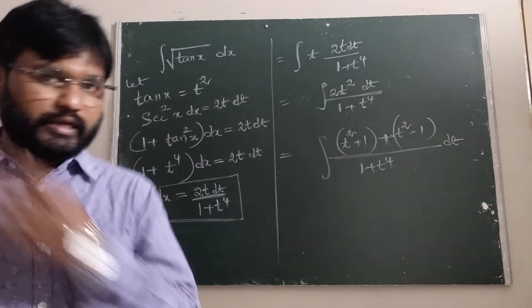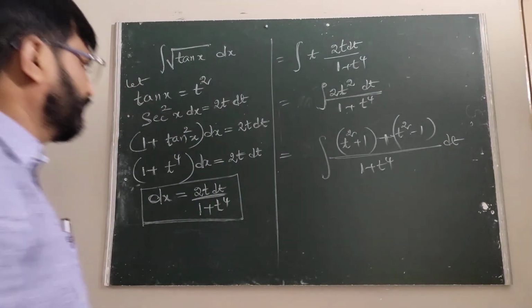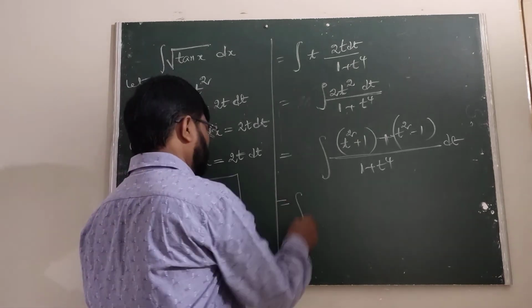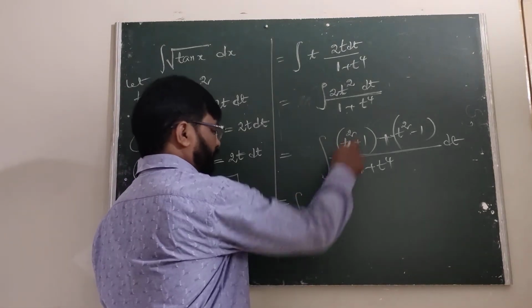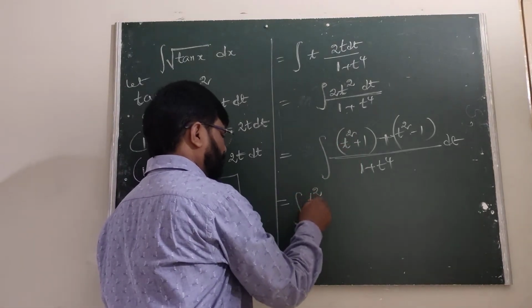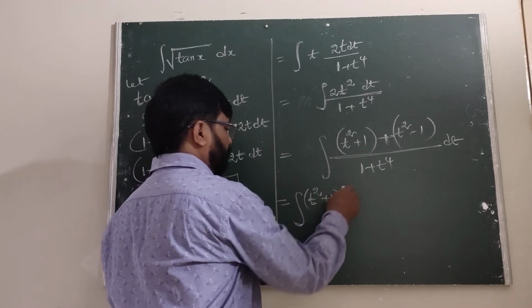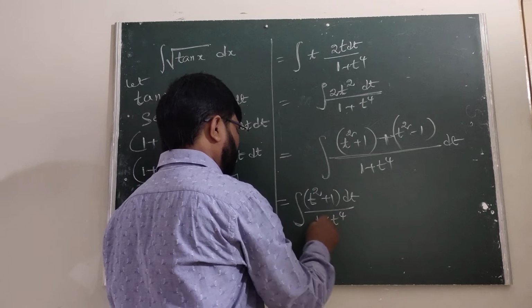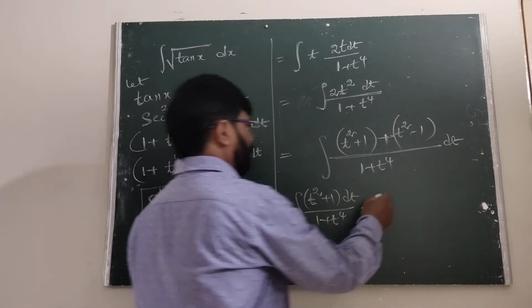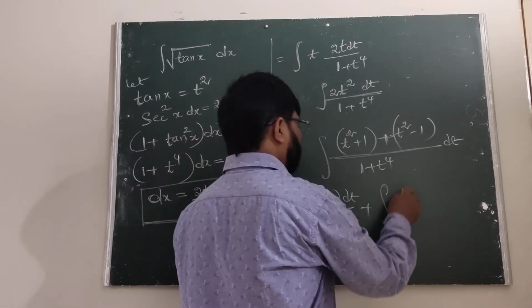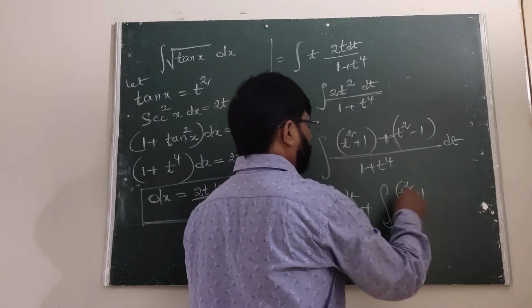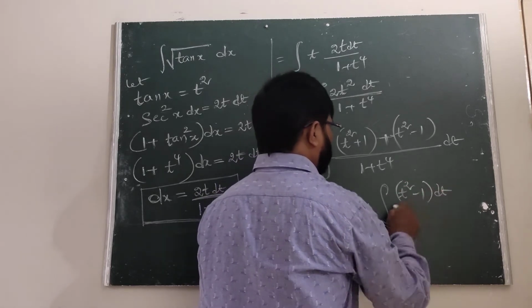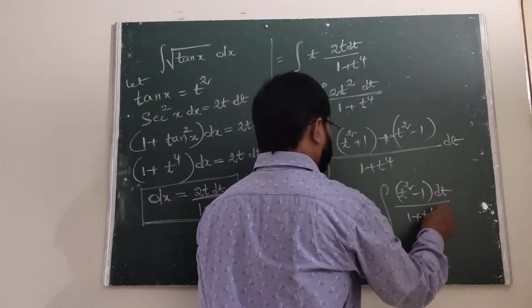Now, these types of integrals I have explained many times. After separation, we can write the integral of t square plus 1 dt by 1 plus t power 4, plus the integral of t square minus 1 into dt upon 1 plus t power 4.